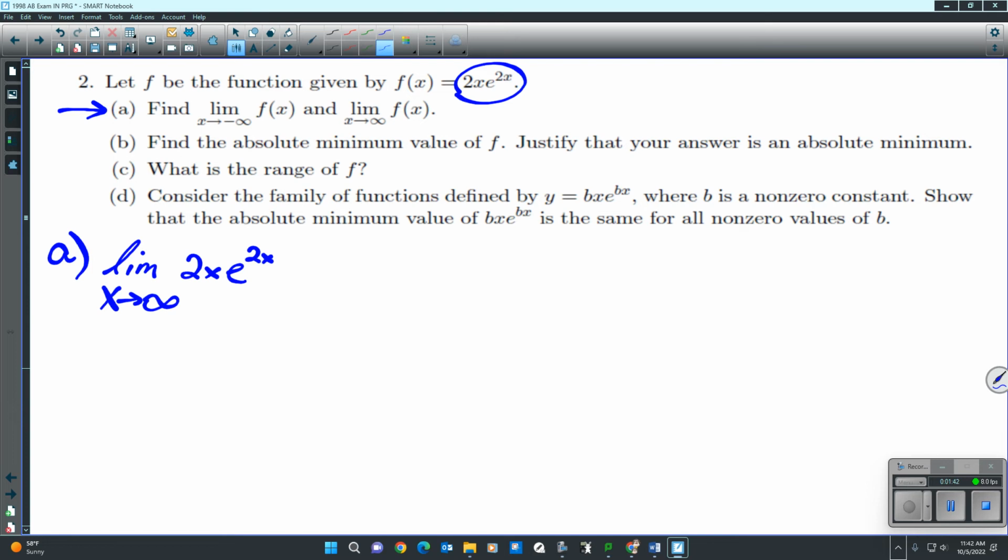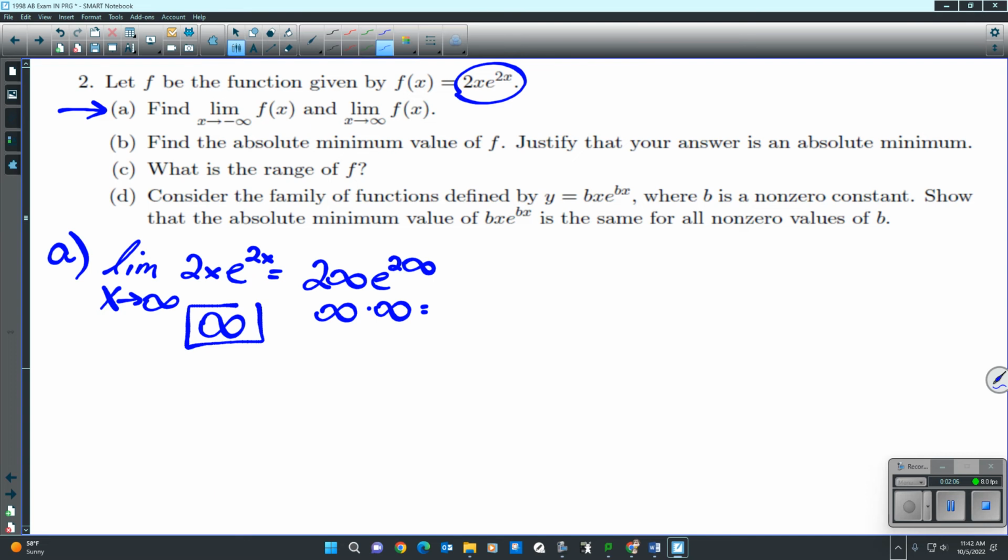I'm just going to plug in infinity, so to speak, and ultimately I have 2 times infinity, which is infinity, and times e to the 2 times infinity, which anything raised to infinity will go to infinity, and I'm just going to end up with infinity for this first one.